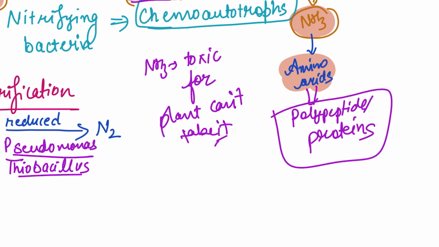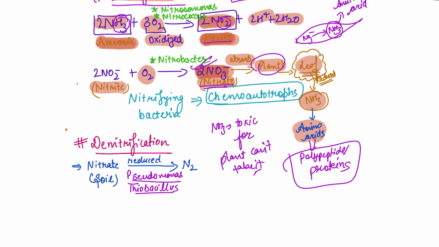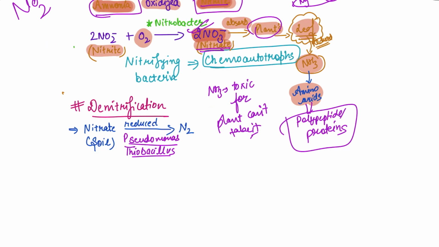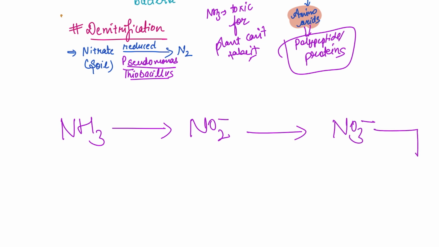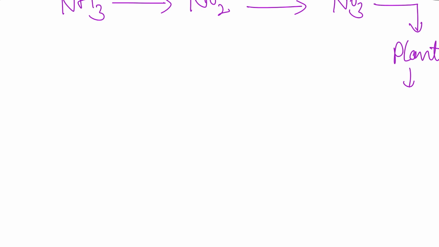So basically this is the whole process of nitrification. First of all, ammonia is converted to nitrite, then converted to nitrate. This nitrate is absorbed by the plant, and it goes to the leaf part.